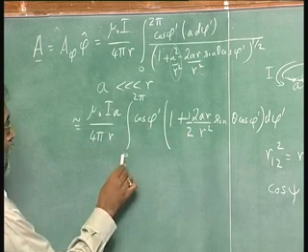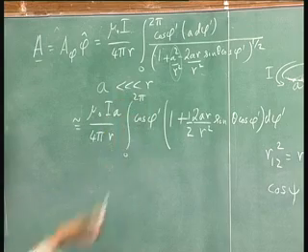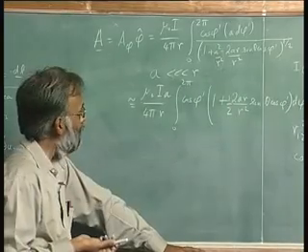Now, what happens? I am doing an integral from 0 to 2 pi. Integral of 0 to 2 pi of cos phi prime d phi prime is 0.